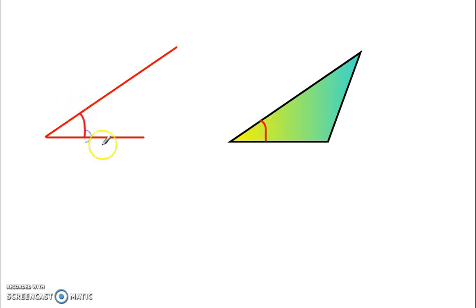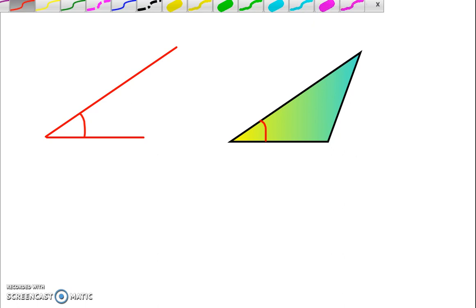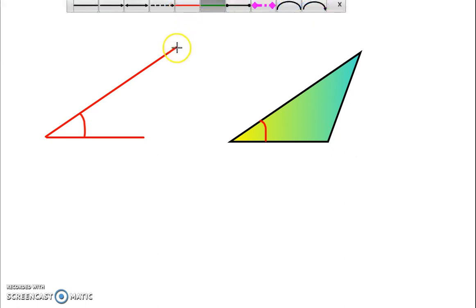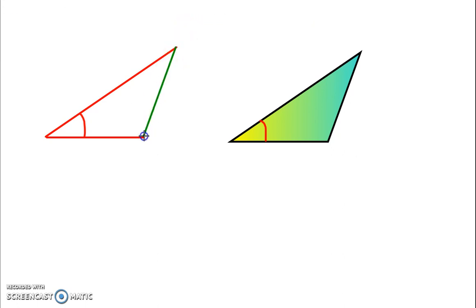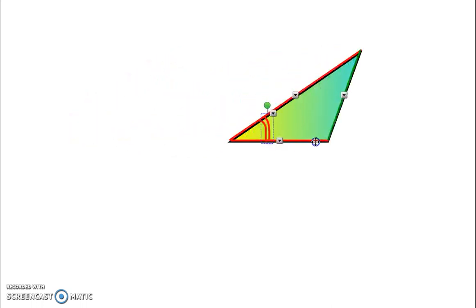This angle is the same. There's only one way to connect those other two lines from here to here. If those two red lines are the same length as these two lines in the first triangle, then this triangle has to be congruent to that first triangle.